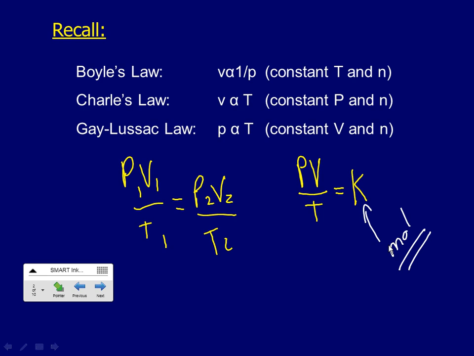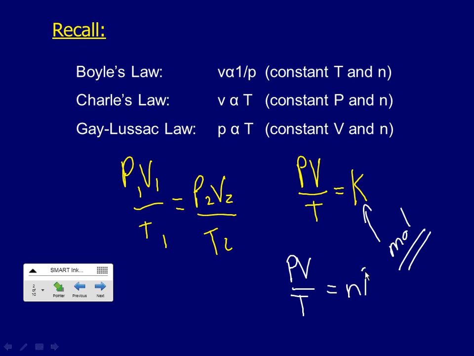All right? Now, in the ideal gas law, which is a law that governs a certain amount of gas and the way it behaves, we bring the mole into that constant. And it looks like this. PV over T is equal to the number of moles, right? And we still need to have a constant that deals with units.